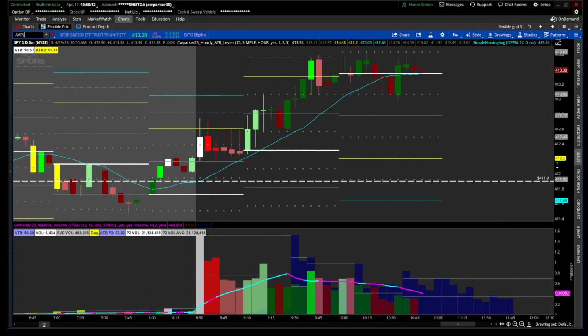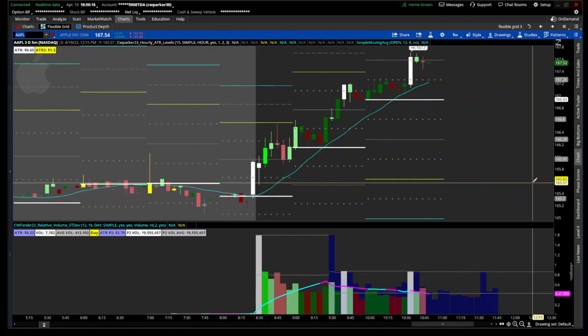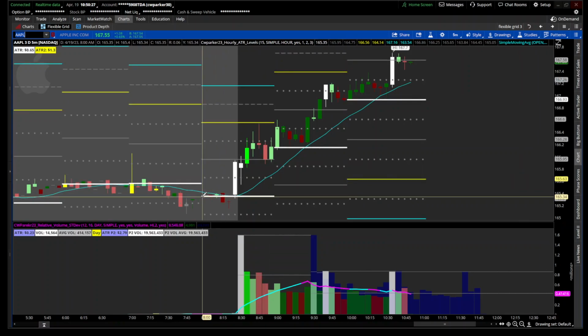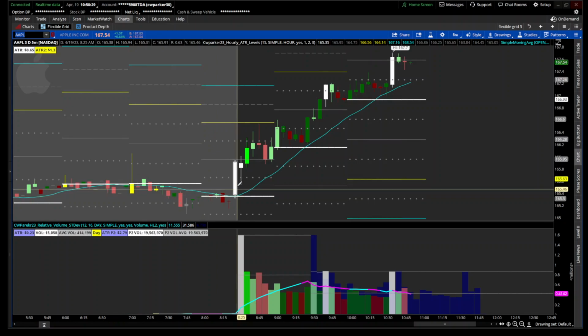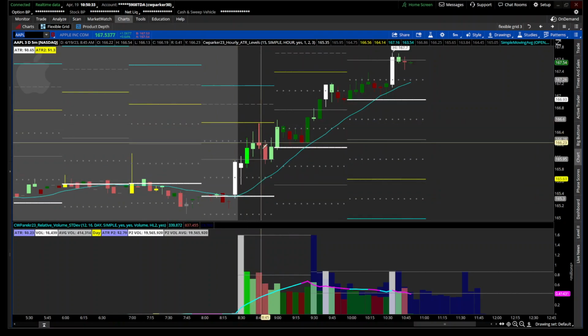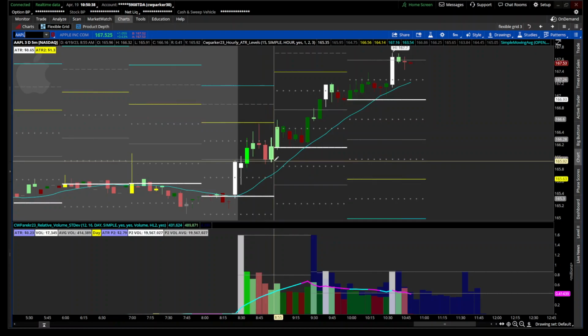Apple took off. Apple looks nice, especially if you looked at this hourly, the open for this hour, and then Apple just took off to 1 times ATR, pushed up to 2 times ATR, came back, found support at 1 times ATR.